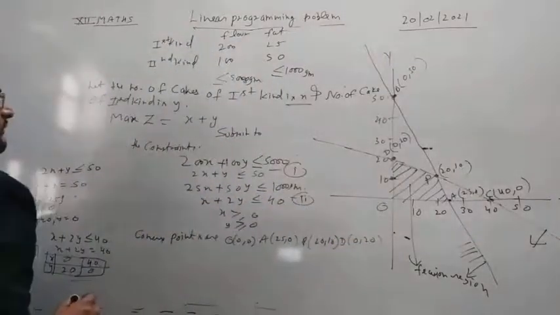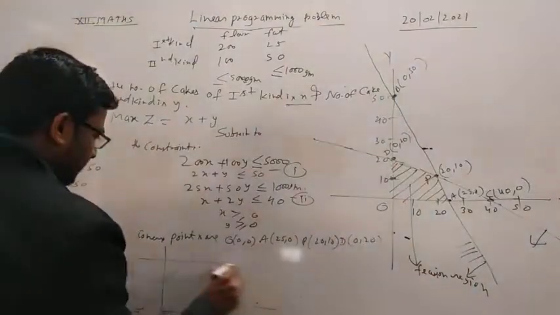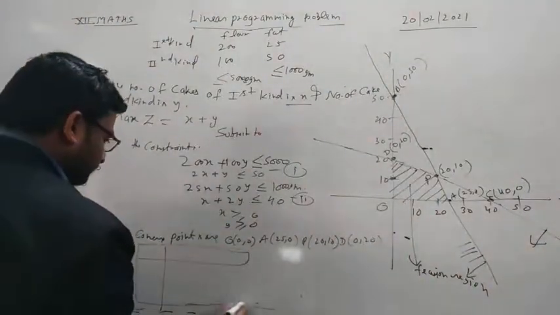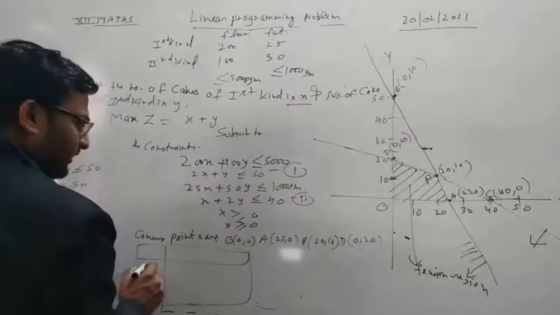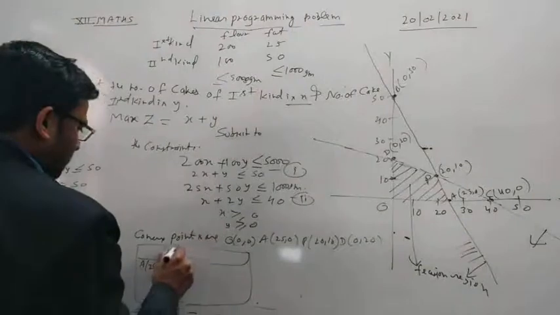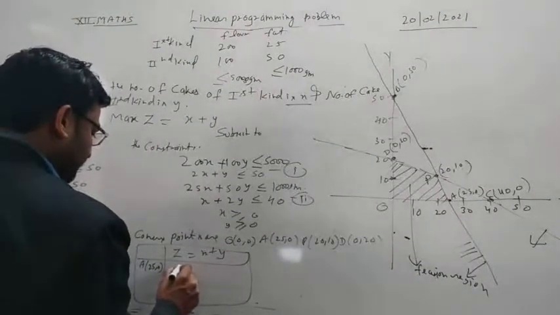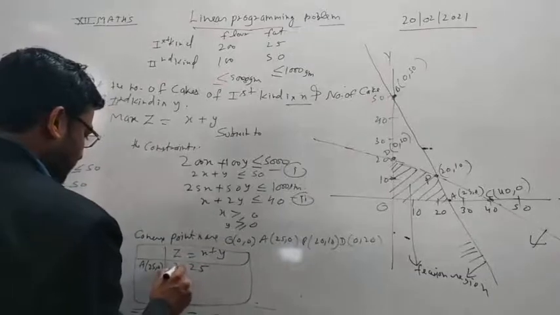So students, now we find the value of the maximum Z at each corner point. This is A, which is (25, 0), and Z is x plus y, so this is 25.